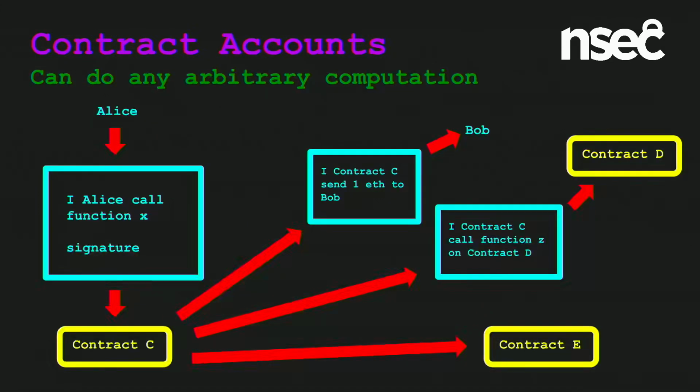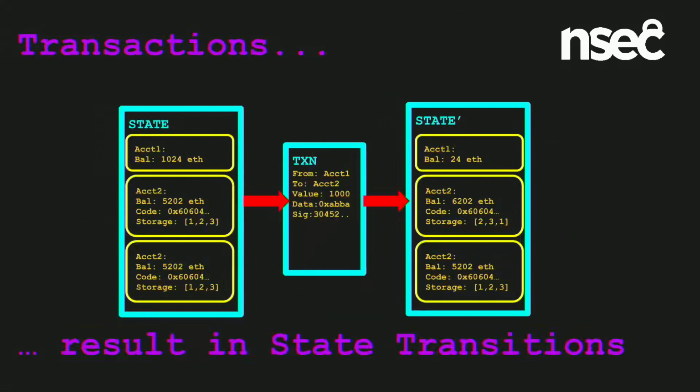They can do any arbitrary computation. So the first path here, this contract is dispensing some Ether to Bob. The second path, it's calling a function on another contract, and it can also create other contracts. Transactions result in state transitions, so they can update any of the state properties.